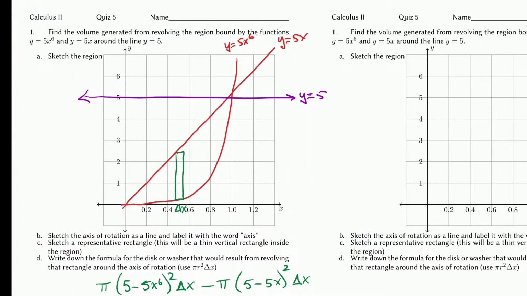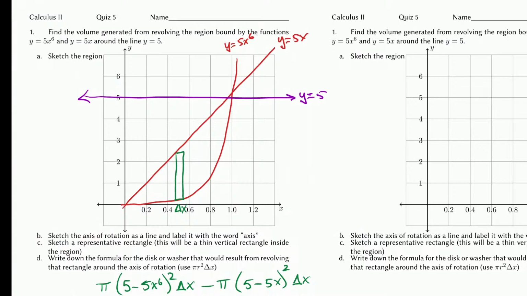So you have this curve y equals 5x to the sixth, and you have the line y equals 5x, and then this is the axis of rotation. I guess I didn't label this fully, but this is all that it was asking me to do. It says sketch a rectangle, which I did, the green rectangle. I wrote down the formula just so you see where the formula came from.